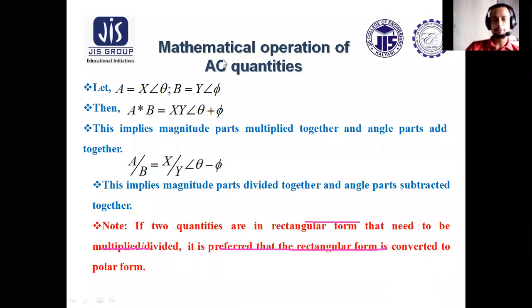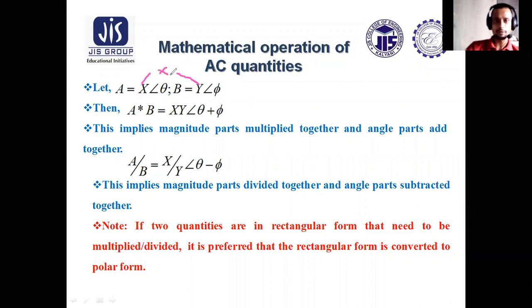Now, multiplication and division. For multiplication and division, polar form is preferred. Suppose A equals X angle theta and B equals Y angle phi. For multiplication, X and Y are magnitudes.